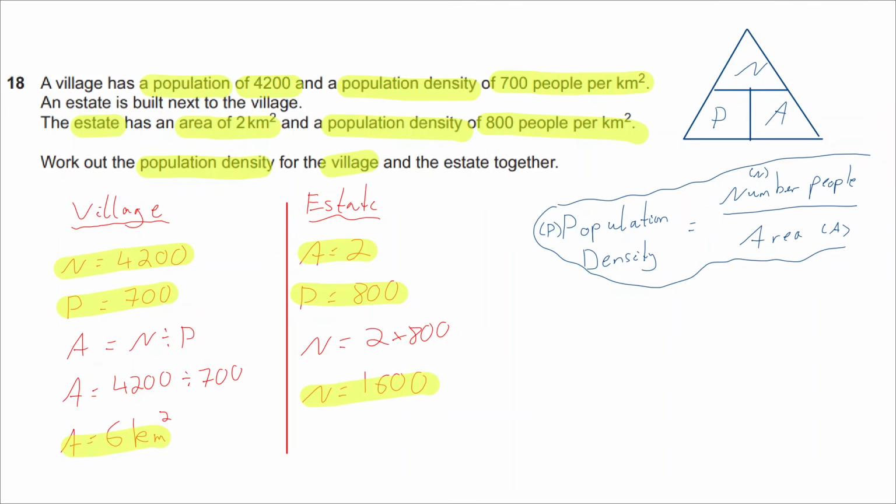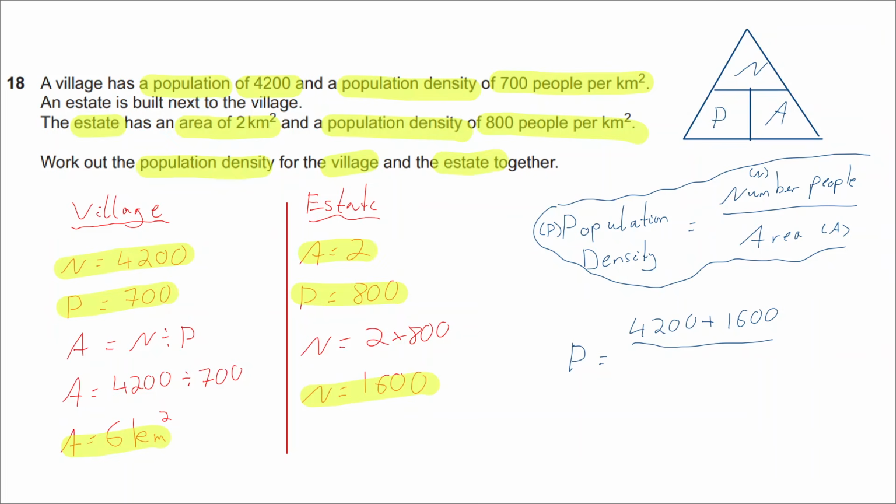So now all we are doing is saying the population density, I'll do it in blue. P is going to be equal to the number of people in total, so that's 4,200 add 1,600, and we're dividing by the area, because it's the village and the estate. The total area is going to be 6 kilometers squared add 2 kilometers squared.